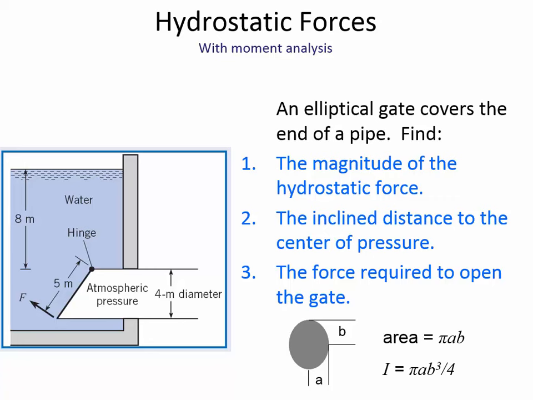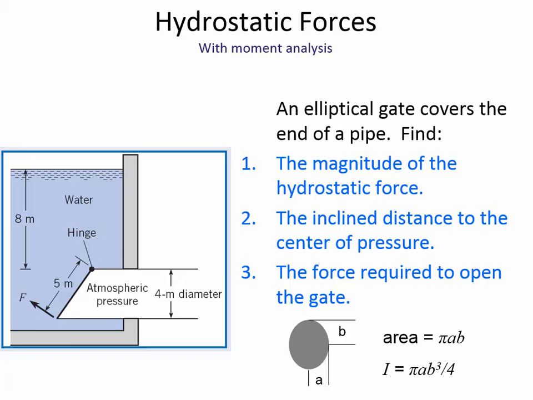It's saying we've got 5 meters as the dimension from the top to the bottom of the ellipse. And so here, the area moment of inertia formula goes from the centroid up to the edge for B. So this distance of 5 meters, that's actually 2B, as shown there.